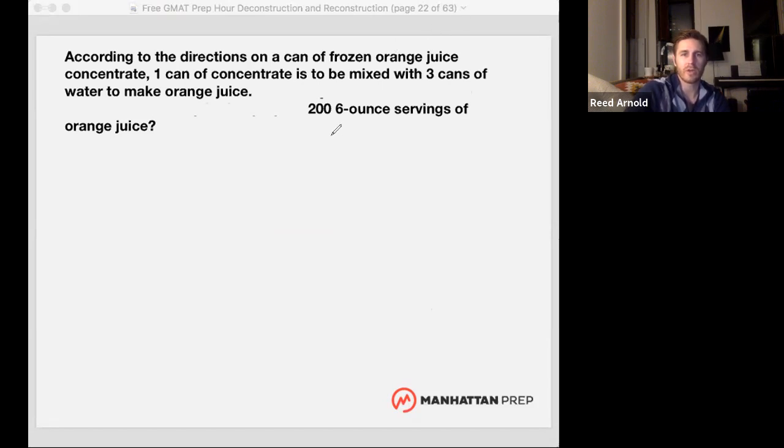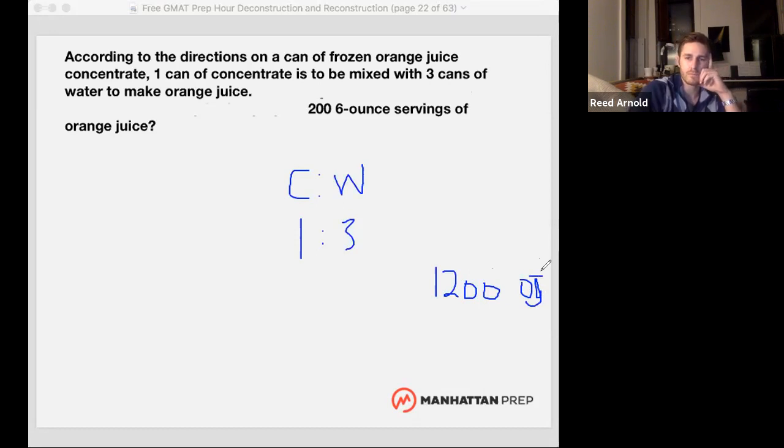So I have a 1 to 3 ratio. The concentrate to water ratio is still 1 to 3. And now I have the 1,200 ounces of juice. So what inference can I make? Laura says 300 is the change factor.